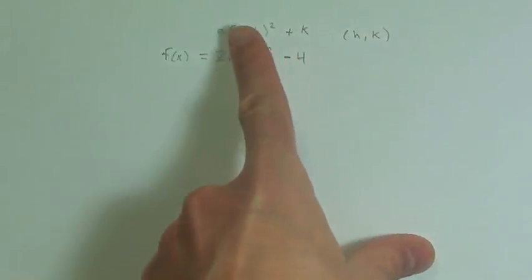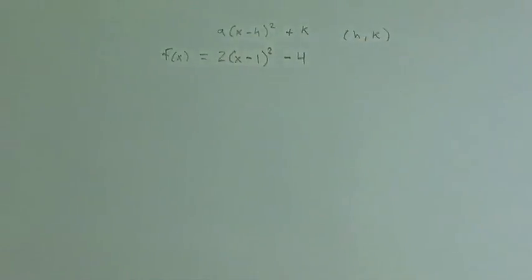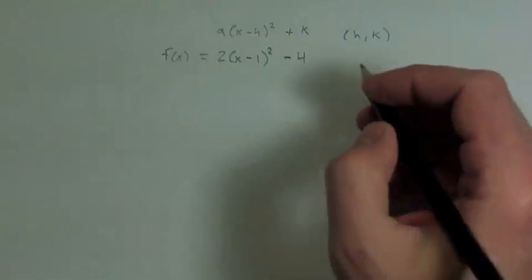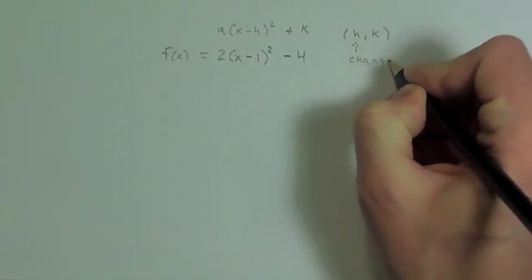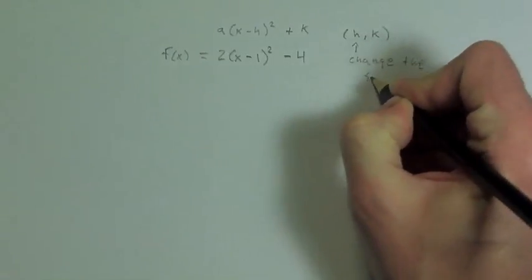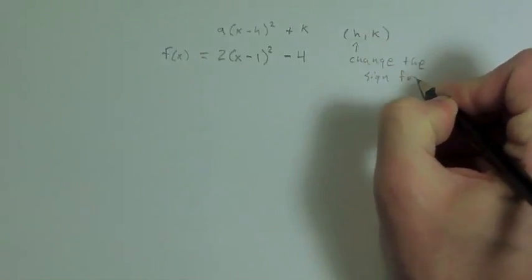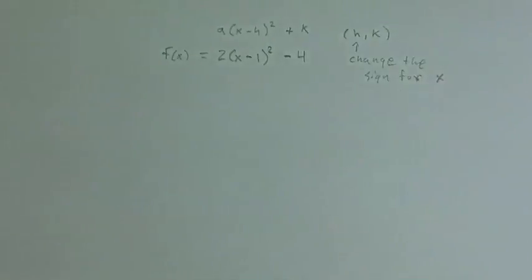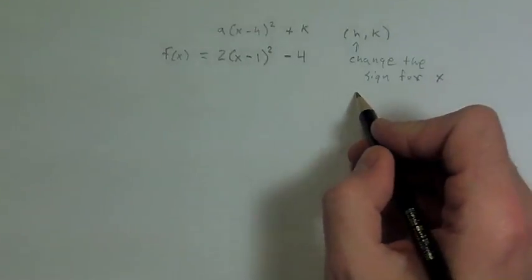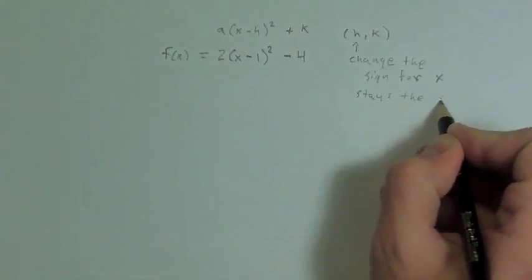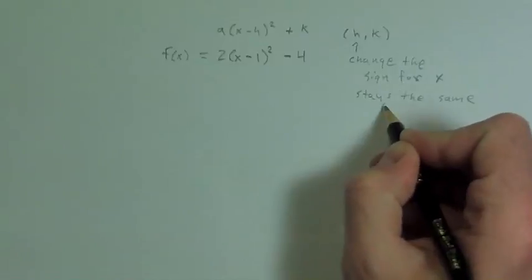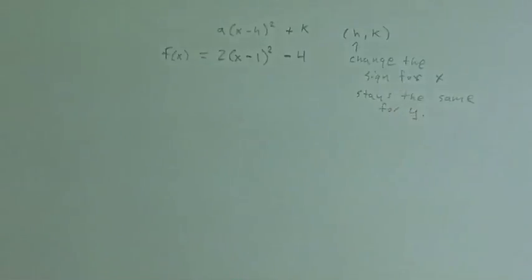We change the sign for the x-coordinate and we leave the y-coordinate alone. So it stays the same for y.